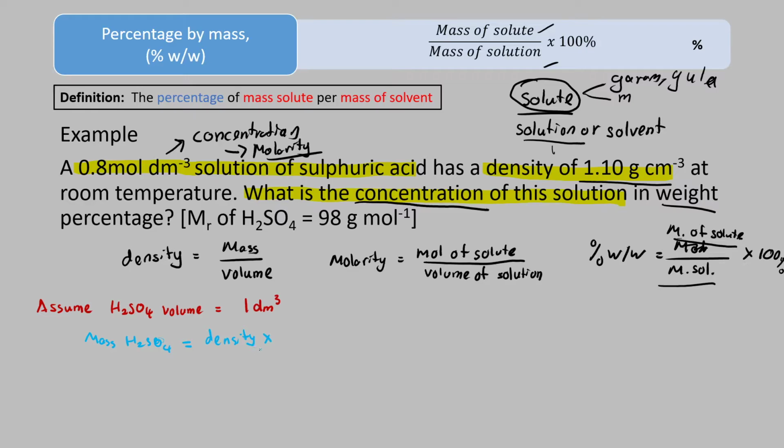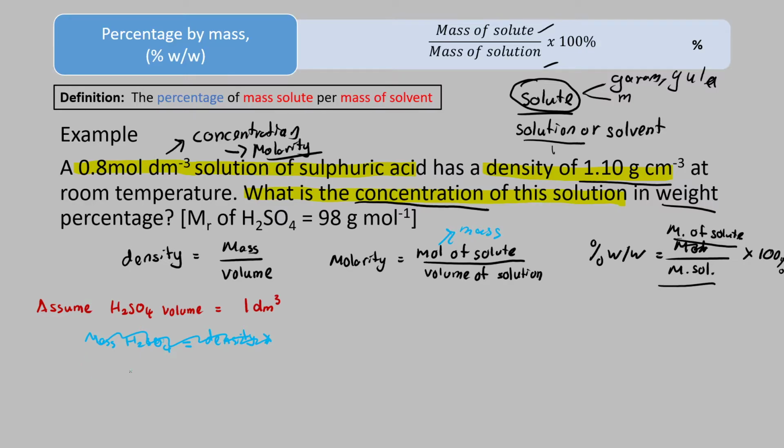No, I'm sorry, okay. Kita tak guna density, okay. Untuk kita cari mass, we have dia punya molarity, right? So kalau daripada molarity, boleh tak kita cari mole and then kita cari mass? Boleh kan?